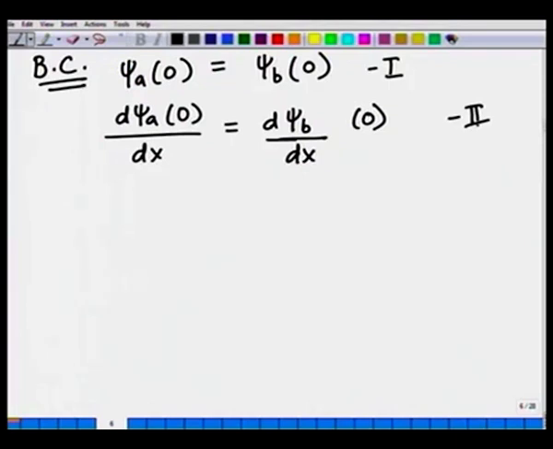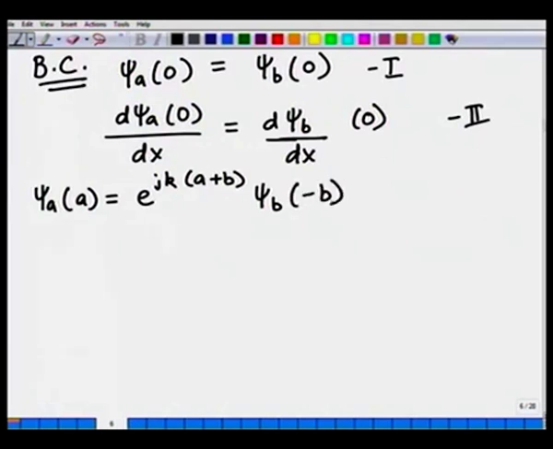Second, as a consequence of the periodic potential, remember Bloch's theorem, which says that the periodicity is now a plus b. So, what I am going to write down here is that at the two ends, the wave function should differ by a phase only. And what is that phase? φ_A at a should be equal to e^(jk(a+b)), that is the phase part, that is the periodicity, times φ_B at minus b.